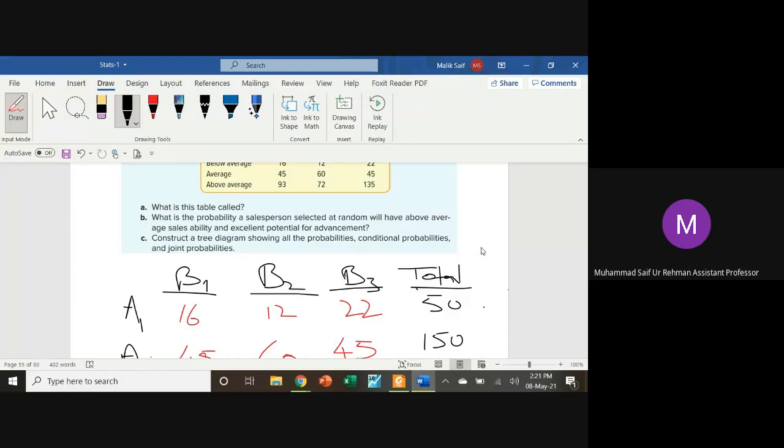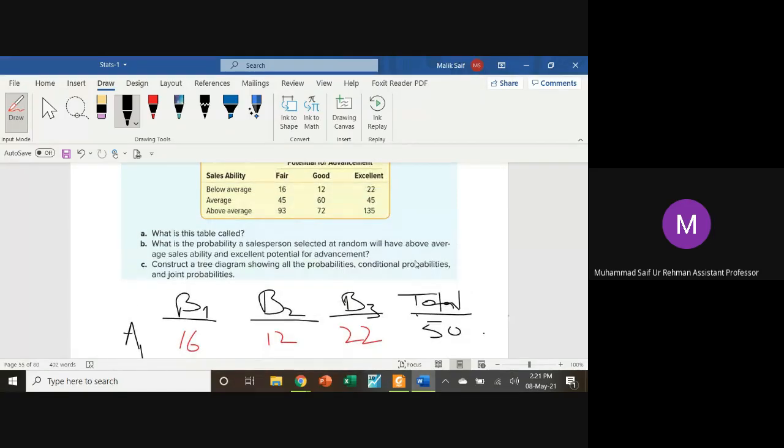So you have to see, above average sales ability means A3, and excellent potential means B3. So A3 and B3.